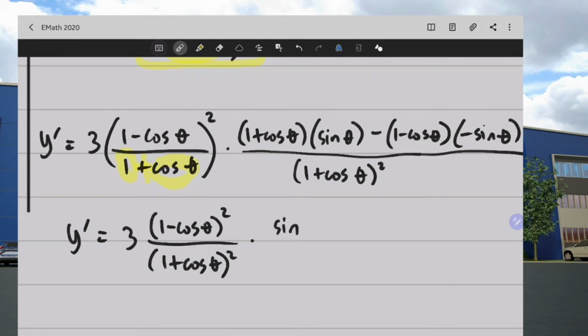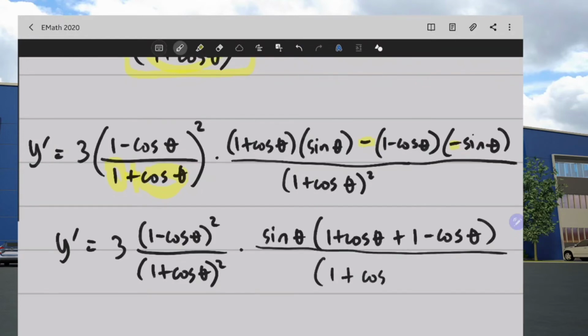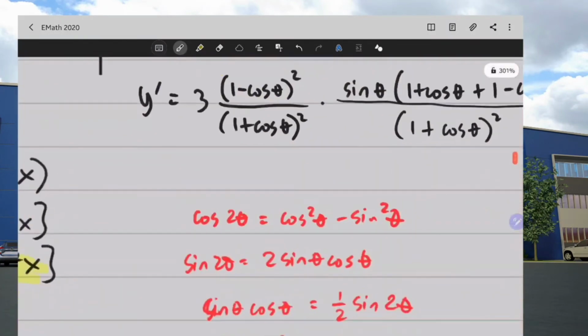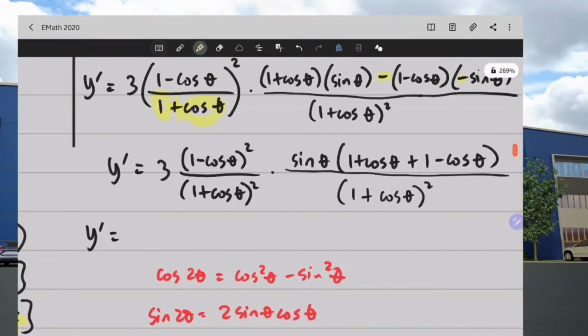If I factor out sine theta, this will become 1 plus cosine theta plus, because that would be negative times negative, 1 minus cosine theta divided by 1 plus cosine theta squared. Okay, so we're running out of space. That would be equal to, eto dito, cancel out siya. So 1 plus 1 is equal to 2.